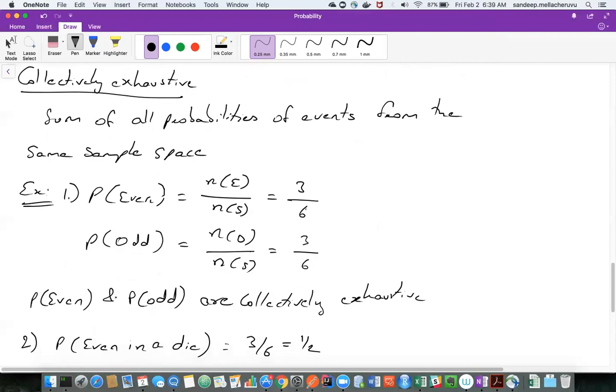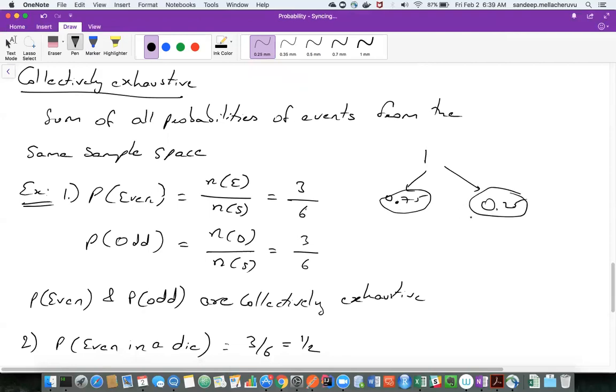Okay, so collectively exhaustive, the idea is, what is the total probability? 1. If you have some part of the data in maybe 75% probability, what is the remaining probability? 25%. So let's say your prediction is 75% right and 25% wrong.